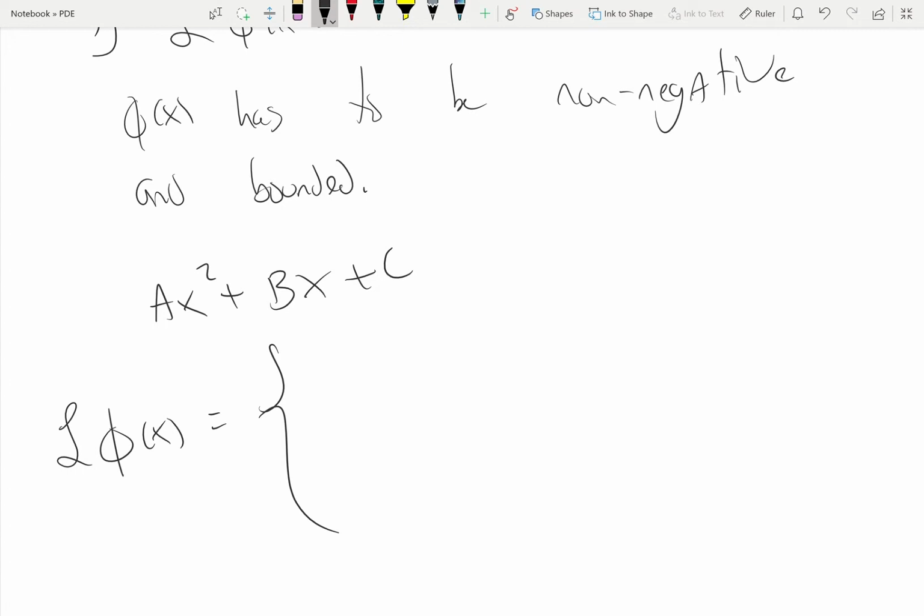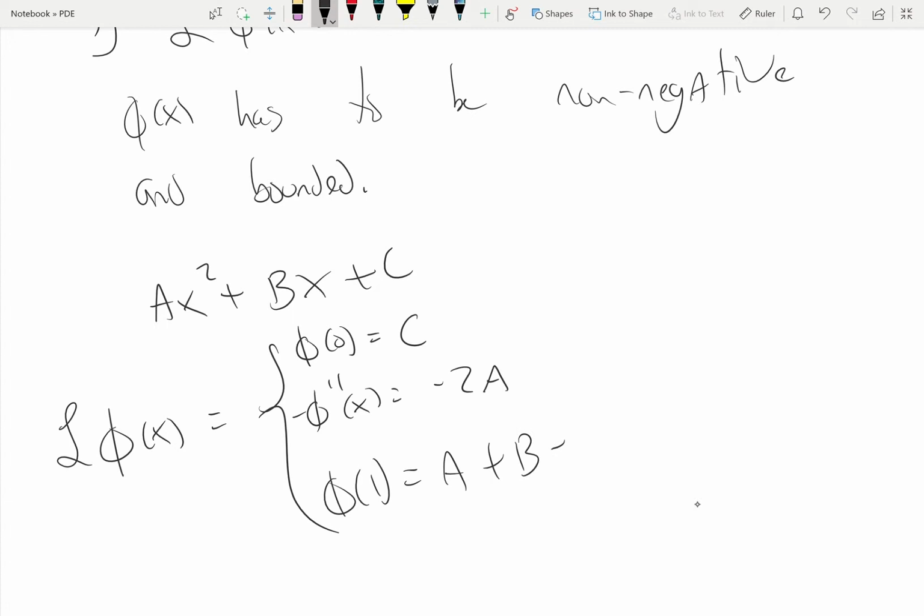So we're going to have phi of 0 is going to be c, and then we're going to have negative phi double prime of x is going to be equal to negative 2a, and then phi of 1 is going to be equal to a plus b plus c, right?